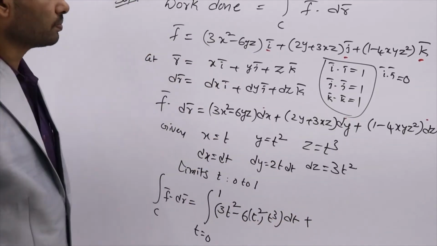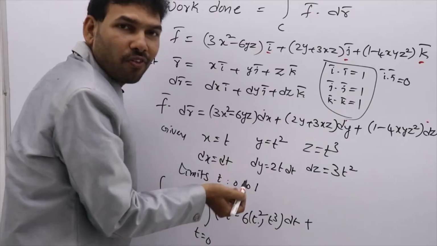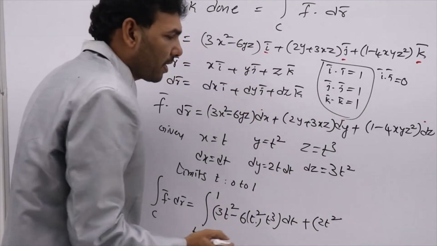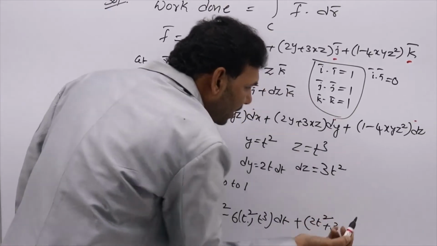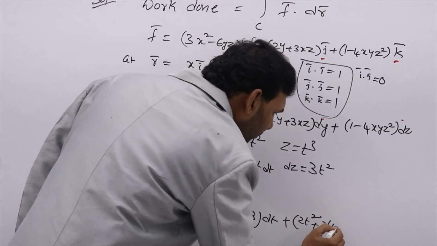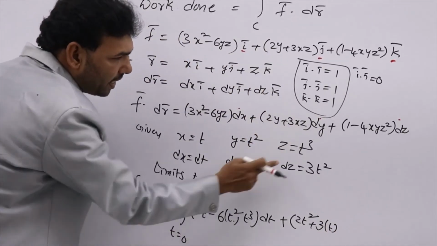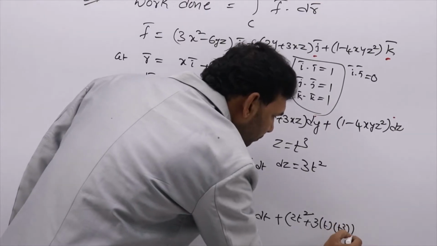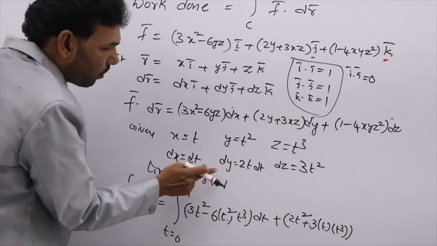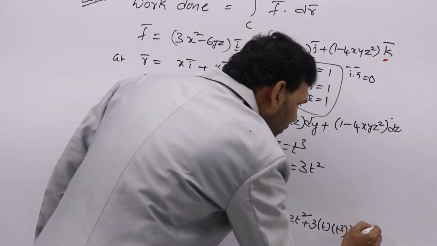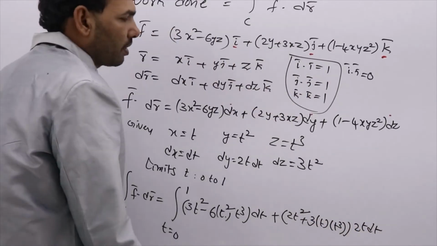Plus, here write t square in the place of y: 2t square plus 3 into, write t in the place of x, t; write t cube in the place of z, t cube; into dy. What is dy? 2t dt.